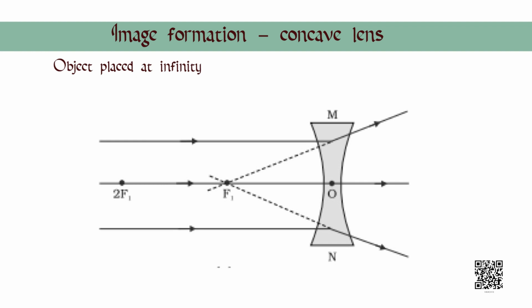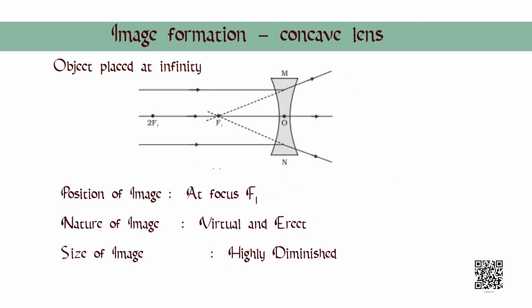After refraction through the lens, these rays appear to meet at focus f1 of the lens. Since the image is formed due to apparent intersection of light rays, it is virtual and erect. The size of the image is highly diminished or point-sized.